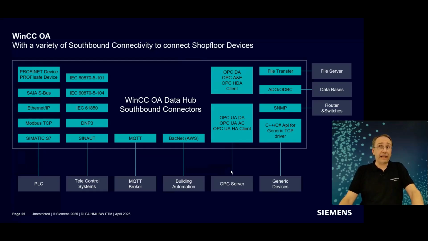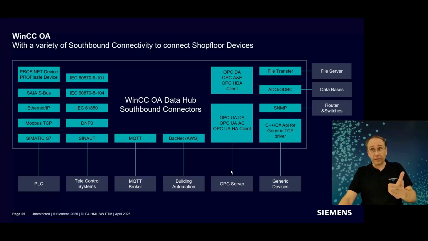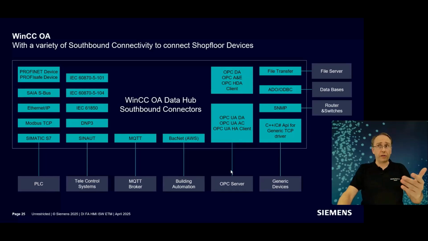Then OPC, that's the industry standard anyway, and of course the new one, OPC Unified Architecture, the UA, is of course available for data access, alarms and conditions, and also the historical access, sure, but we support the same for the old OPC standard, OPC DA, A&E, and HDA client, that is also supported in WinCC OA.